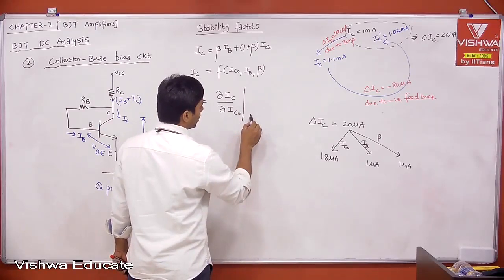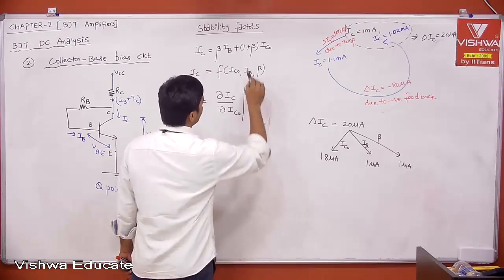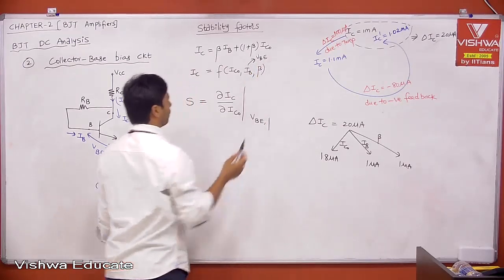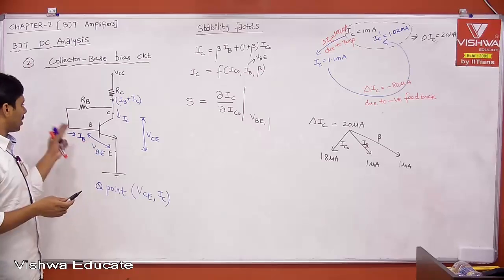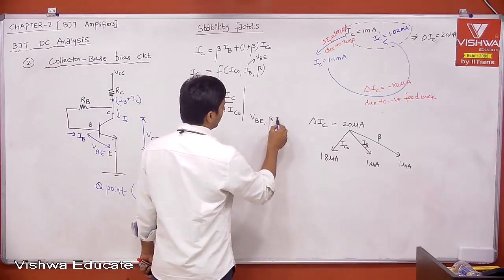When IB, IB means VBE, VBE is nothing but V gamma, because this IB is affected because of VBE, right. If VBE decreases, your IB will increase, right. Therefore VBE and beta are constant.